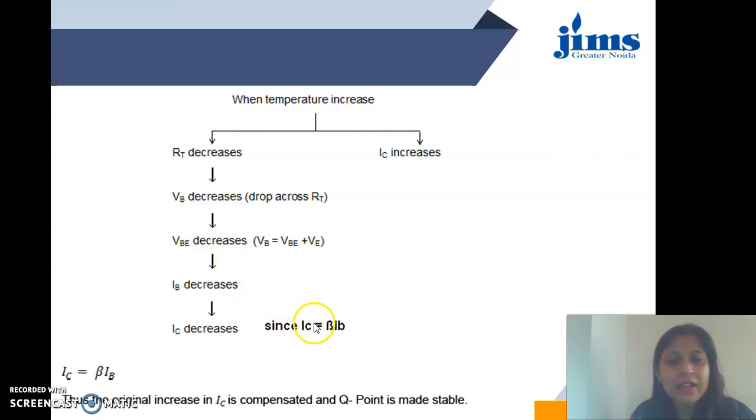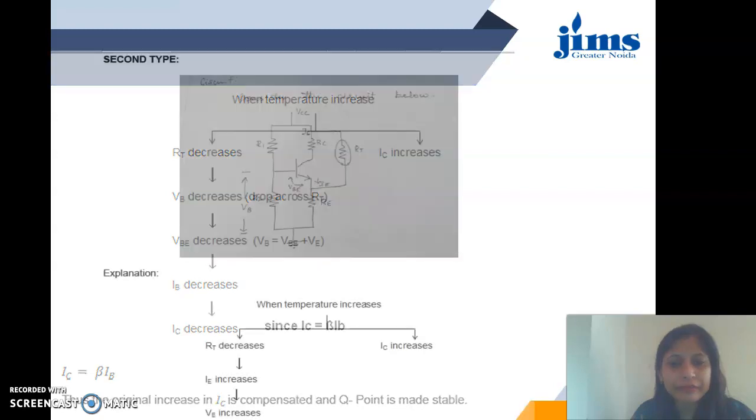And since IC equal to beta times IB, and if IB decreases, IC also decreases. So with the increase in temperature, IC decreases, and if IC decreases, the change in IC is less with respect to the change in temperature or change in leakage current. So it brings us the stabilized Q or stabilized operating point. So this gives us compensated Q point.